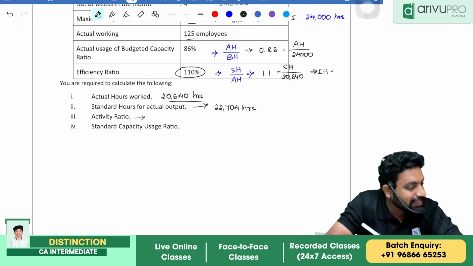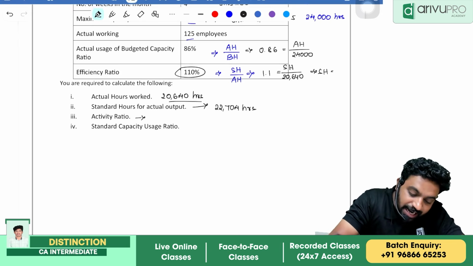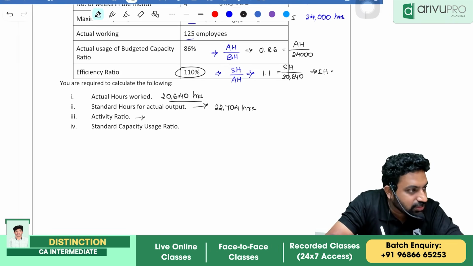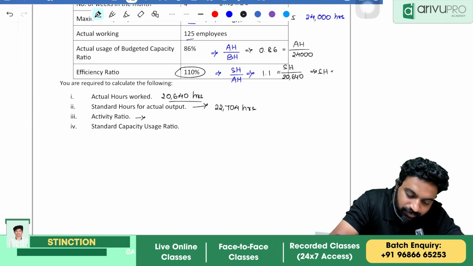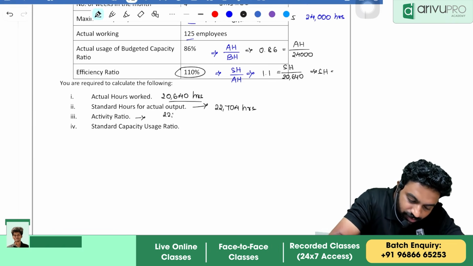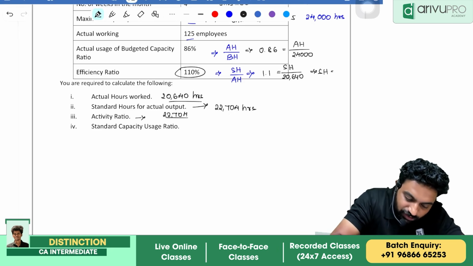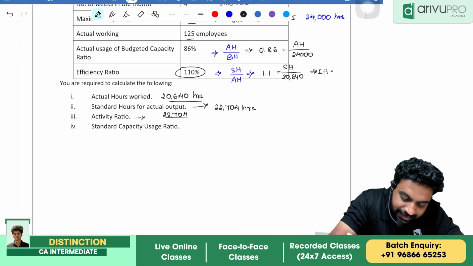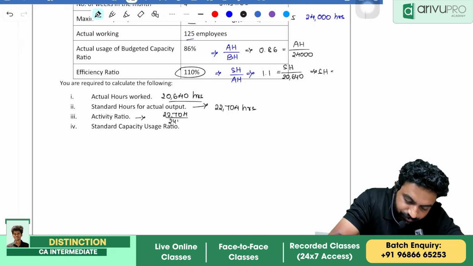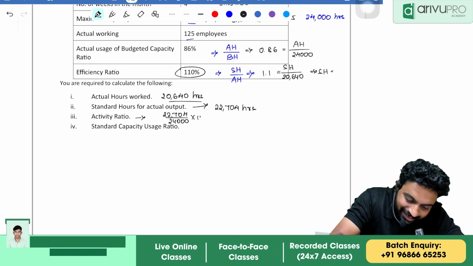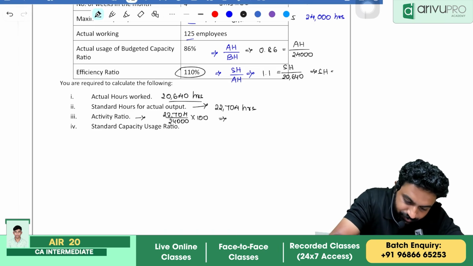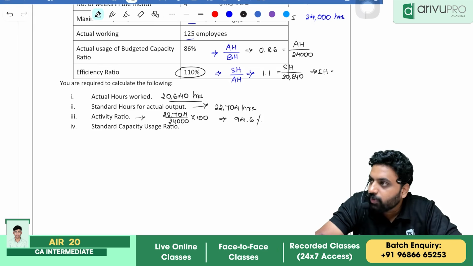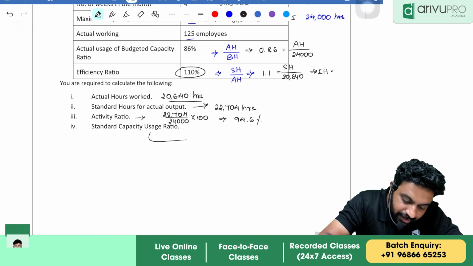Activity ratio: standard hours by budgeted hours into 100. Standard hours are 22,704. Budgeted hours are 24,000, into 100. That is 94.6%.